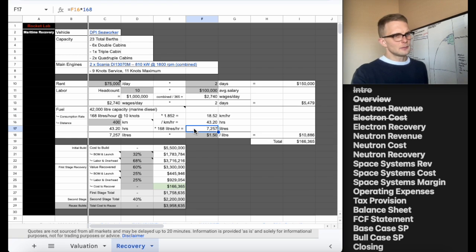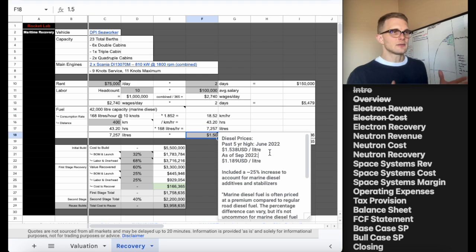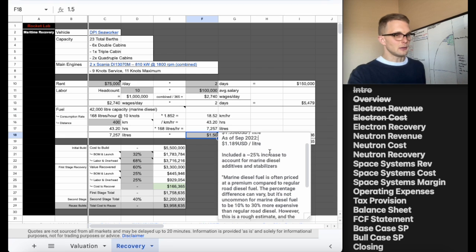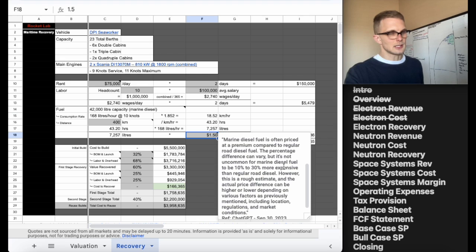Now, the next little bit, this is another one of those gray zones that I don't know a ton about. So what I did is I asked ChatGPT to help me out with this. So what we did is we found the high over the past 5 years, as well as the current diesel price. I also asked ChatGPT to explain to me a little bit about marine diesel compared to regular diesel, and essentially the outcome is there's additives and stabilizers that are added to regular diesel in order to make it work better with marine assets.